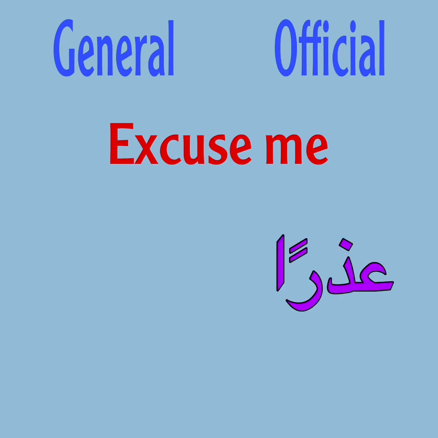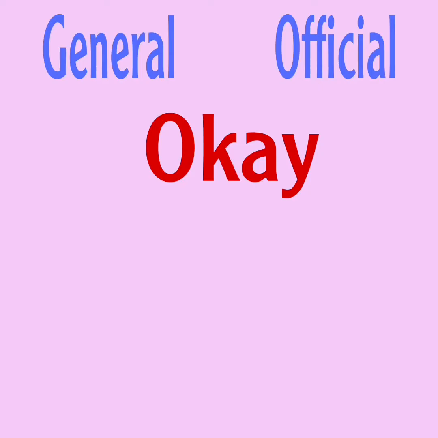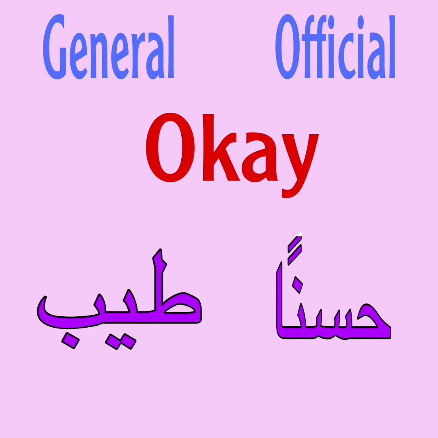Udhran or law samaht. Okay, how do we say okay? Hasanan, or you could say tayyib. Tayyib could also mean delicious.